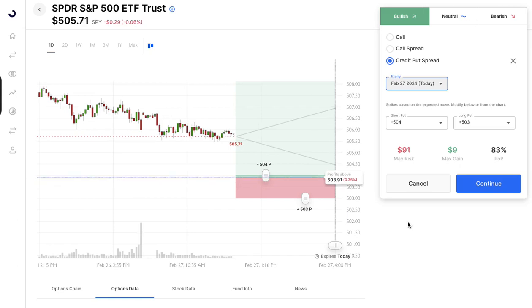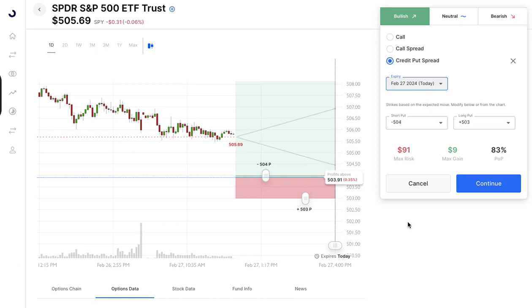But if it finished down at 504 in SPY, and you were short a 504 put and long a 504 call, you have what is known as pin risk, and that is you would probably end up having to close both trades because you would want to avoid the uncertainty of whether you are going to be assigned the 504 put, depending on what happens after hours in particular.